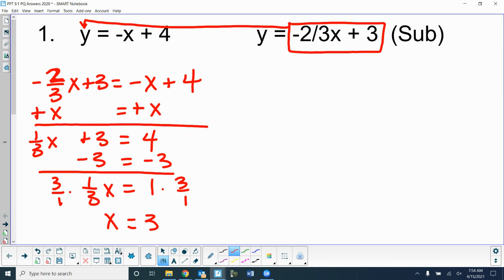Then I'm going to substitute in. It doesn't matter really which one you substitute in. You can put it in the original, or this y equals negative x plus 4, you can put it over here. Doesn't matter. I'll just put it over here.